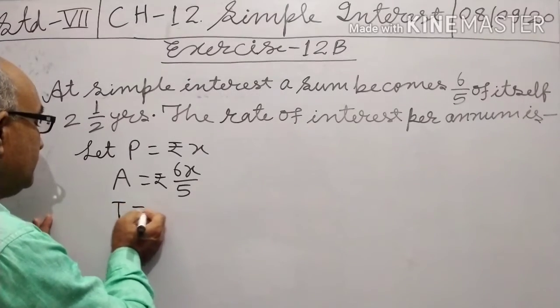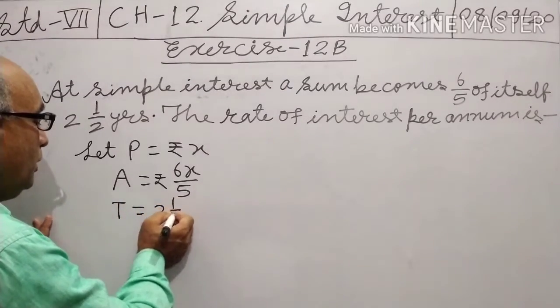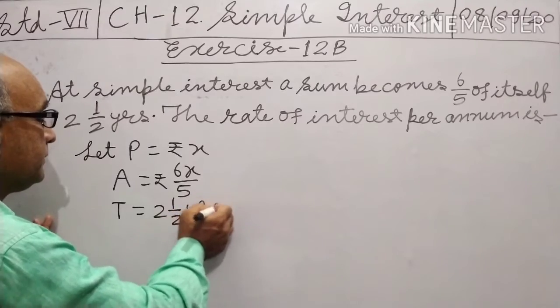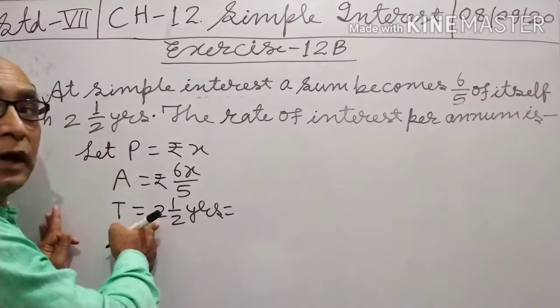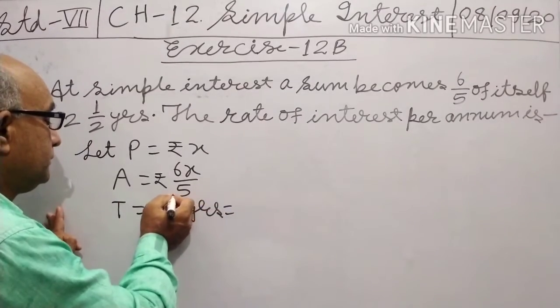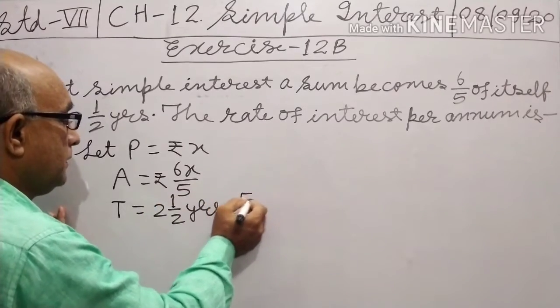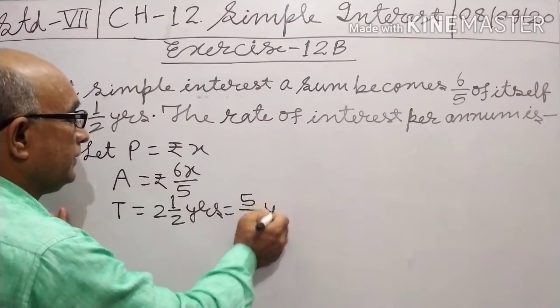T equal to 2 whole 1 by 2 years equal to 5 by 2 years.